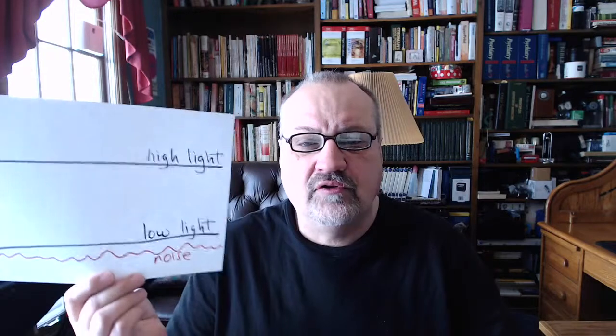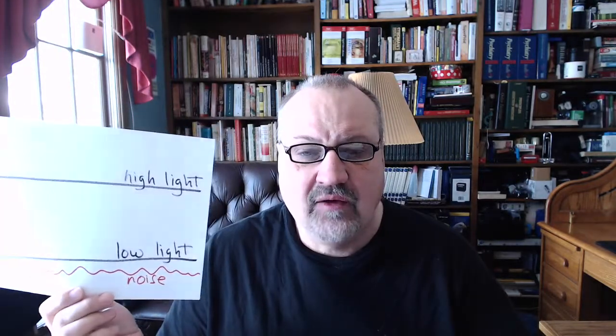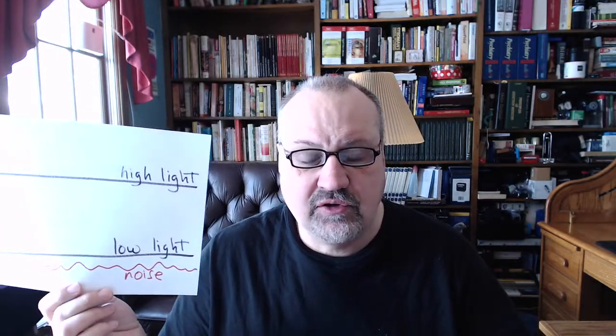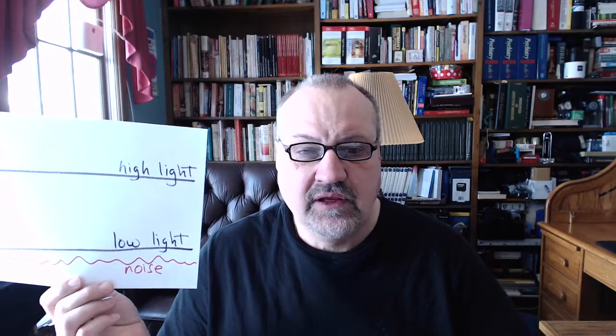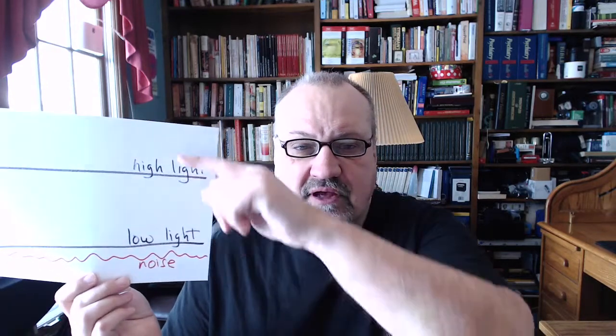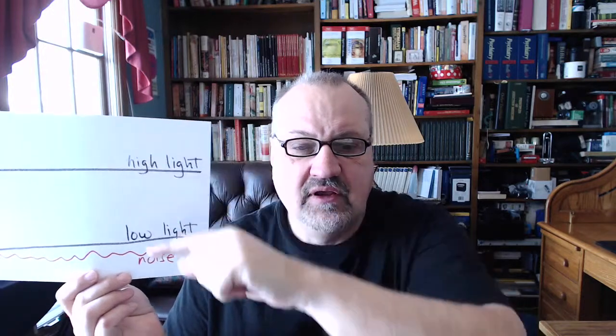Well, all sensors are geared towards working most optimally around an ISO of 100 or 200. In those situations, you have a lot of light coming into the sensor, and the noise level, which is naturally produced by the electronics on the sensor, is fairly low.